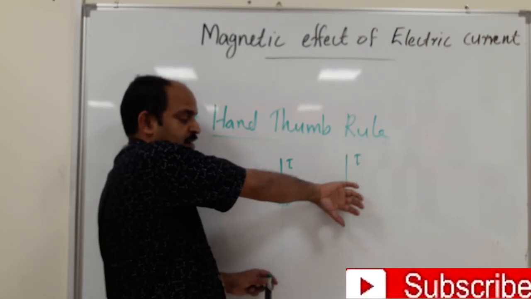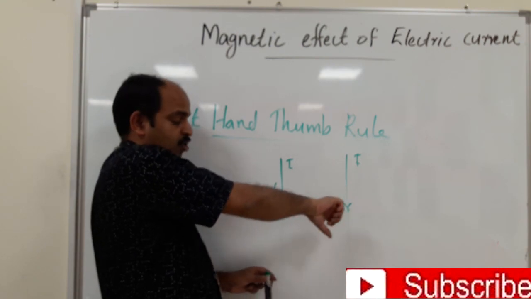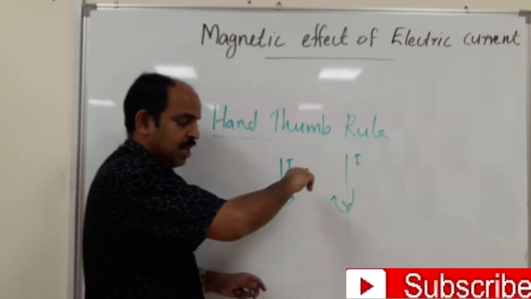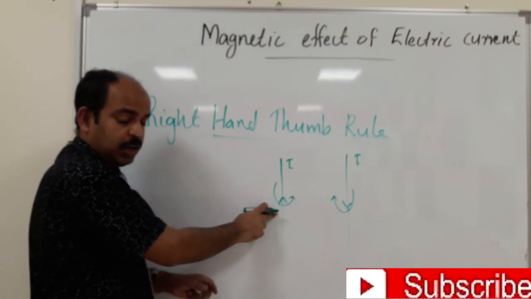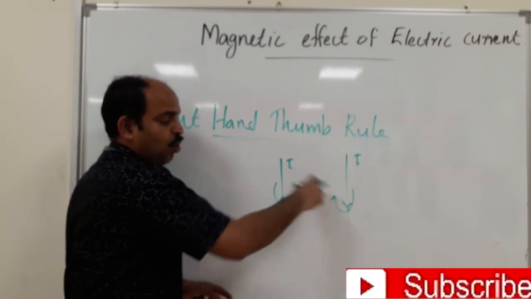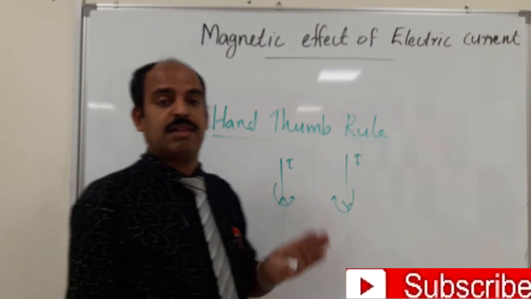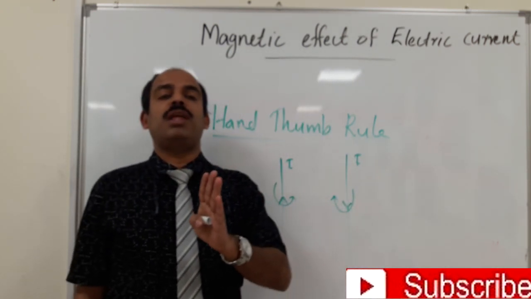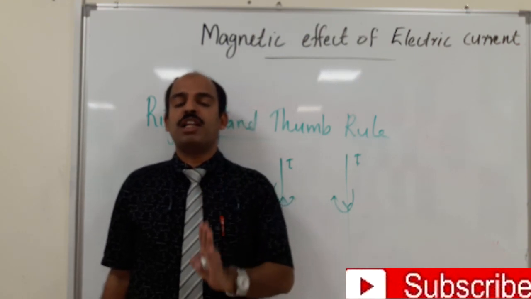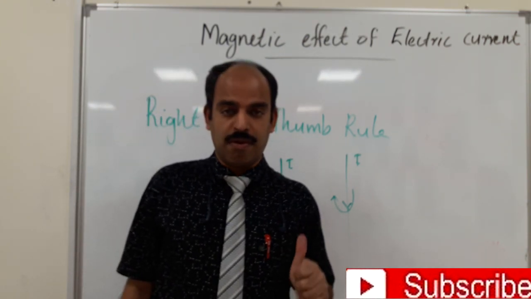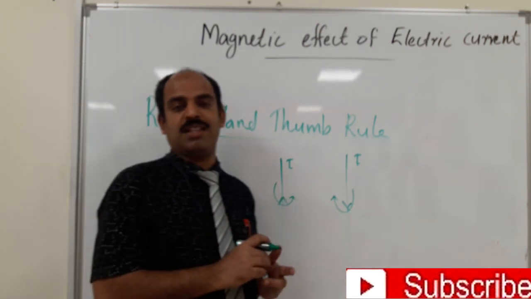Then the encircling fingers will give the direction of the magnetic field. In this case, here it is the anti-clockwise direction, and here it is the clockwise direction. So by using the right hand thumb rule, we can find out the direction of the magnetic field around a conductor carrying current. I hope all of you understood this session.